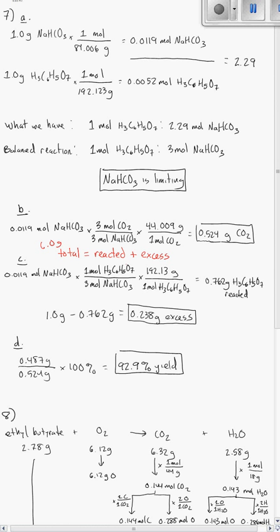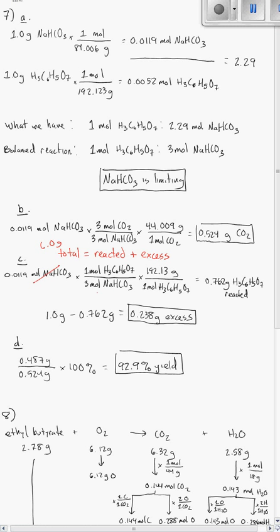We can solve for the amount that reacted using our balanced chemical equation and the number of moles of our limiting reactant. Again, we determined those moles back in part A. Sodium bicarbonate is our limiting reactant. We start off with 0.0119 moles of it. We can figure out how many moles of citric acid reacted using the mole ratio from the reaction. The reaction tells us that for every 3 moles of NaHCO3 that you have, 1 mole of citric acid will react.